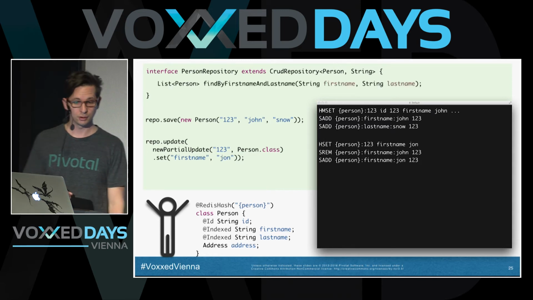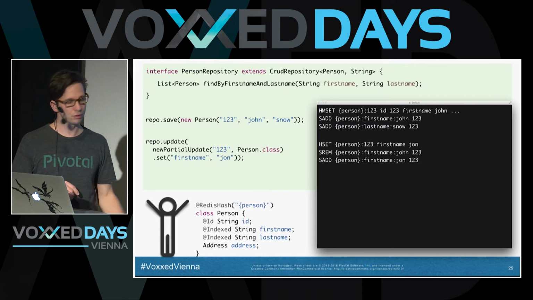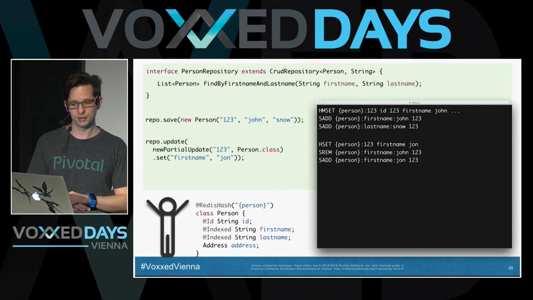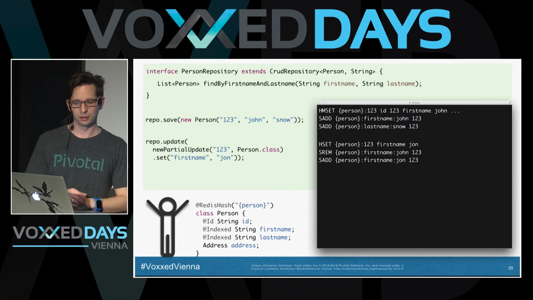And of course, you can then have derived queries on properties that you have indexed. So Spring Data Redis repositories allow you to just declare a method in the interface, findByFirstNameAndLastName, which doesn't require you to have an implementation.